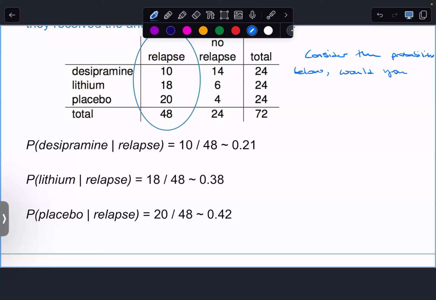I'll say, would you guess, right? Just because we're just kind of developing that gut feeling. And so would you guess that relapse and treatment are independent or dependent?